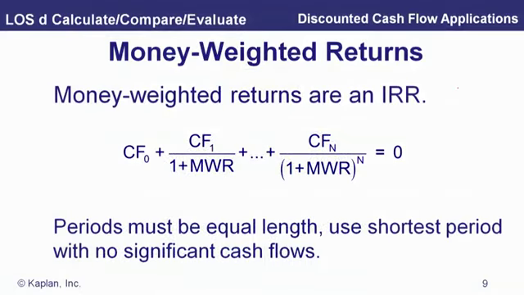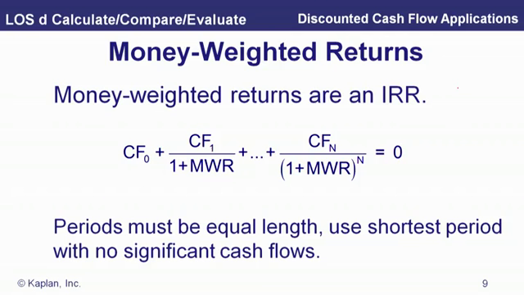Now here we're solving for an internal rate of return. We're calling it the money-weighted rate of return, but you can see that it's very similar to what we did with the IRR. So we're going to solve for this IRR, but the reason these have to be equal periods is the IRR is an interest rate per period. So if we've got quarterly cash flows in and out, our solution will be for a quarterly IRR.